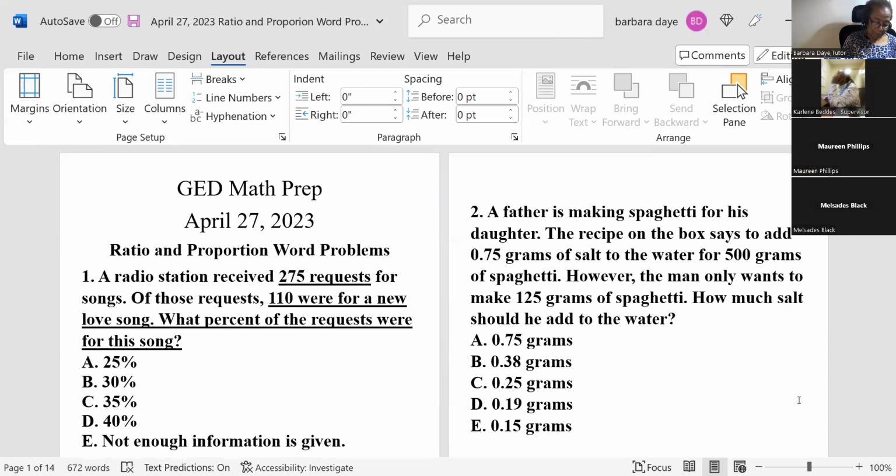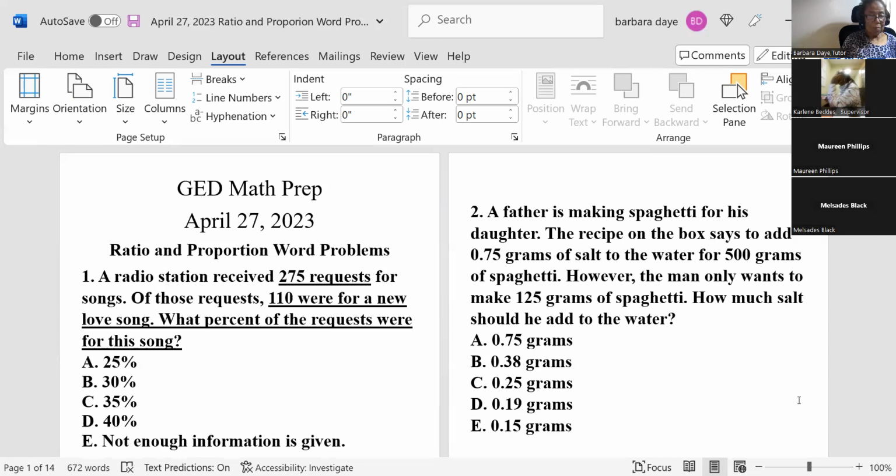Two 75 grams of water. Okay. I got to say like a ratio and proportion.